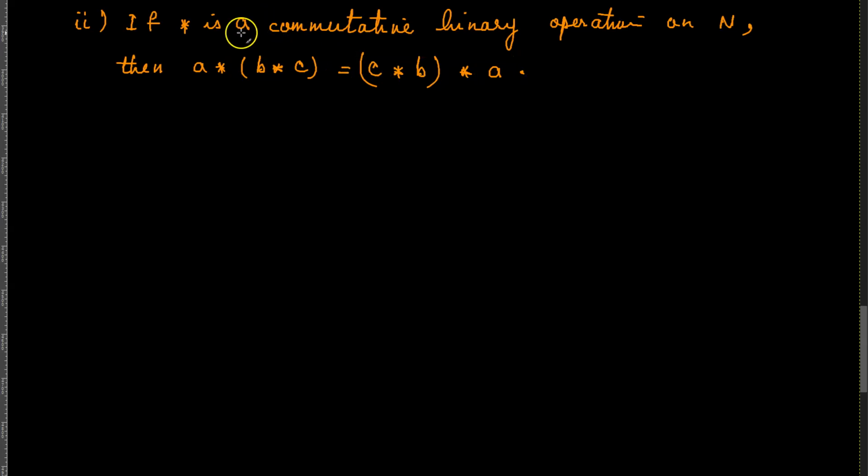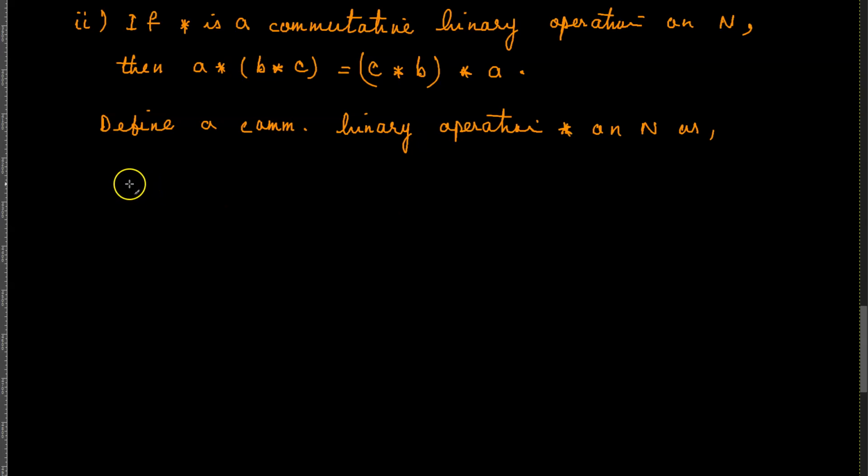Very simple to see that the statement is false, and the reason is that let's define a commutative binary operation star on N as, let's say, A star B is equal to, for example... actually the statement might actually be true, because here we are saying A star B star C, and here C star B star A, and this is commutative.